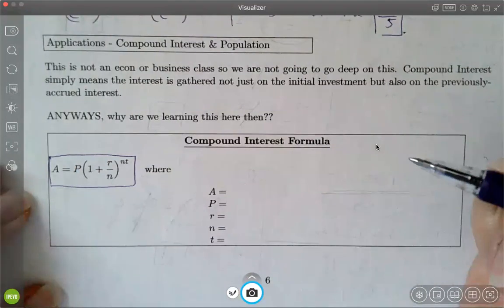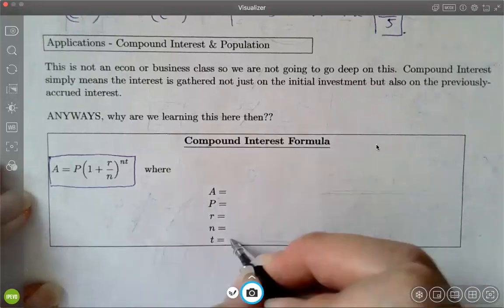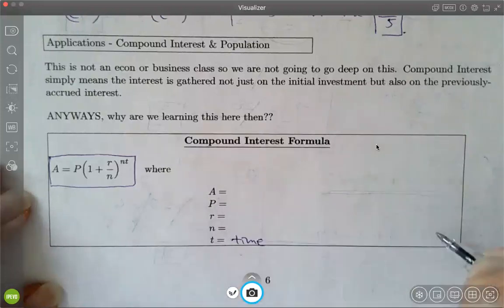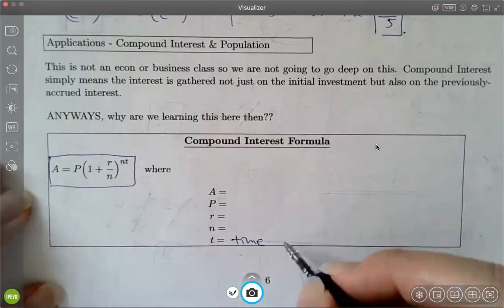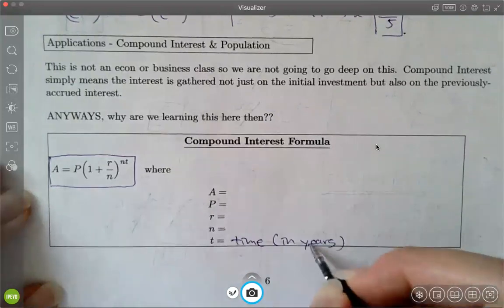So let's start with the letter T. You can even guess what T stands for. T is the popular symbol for time, right? And now this time is represented in years.